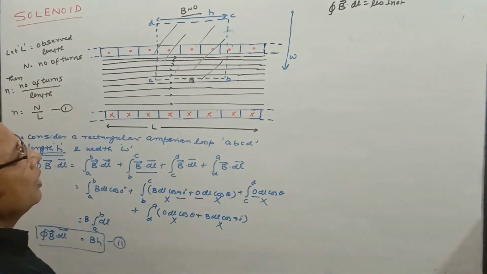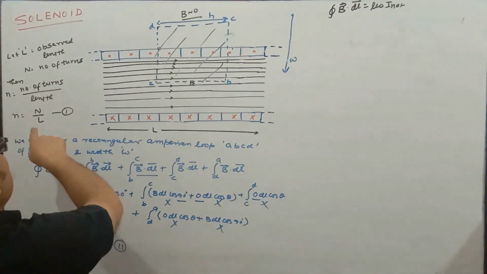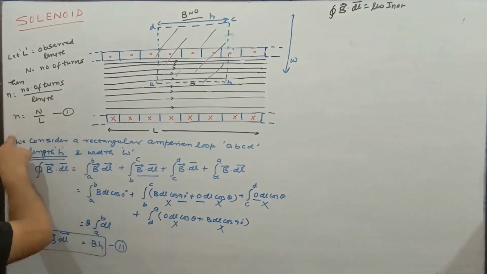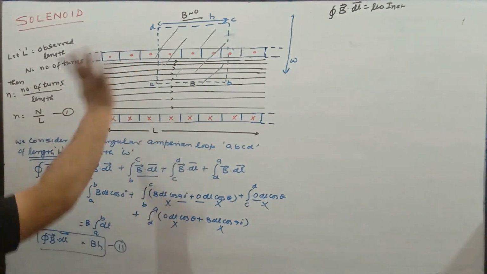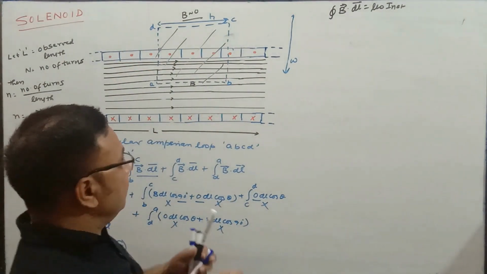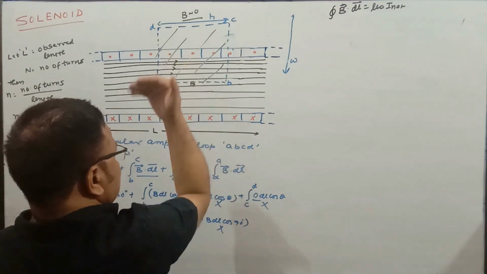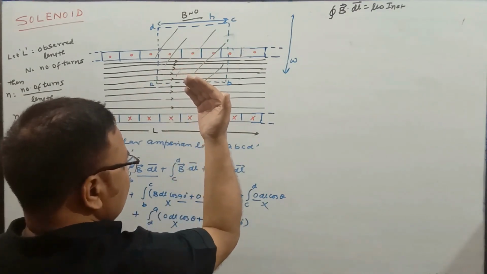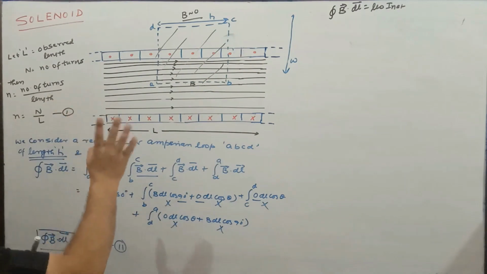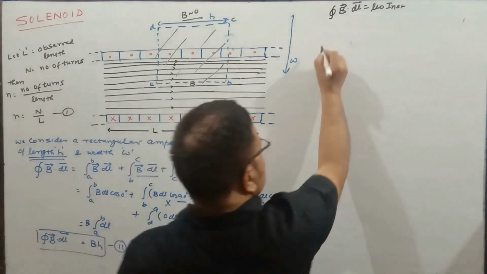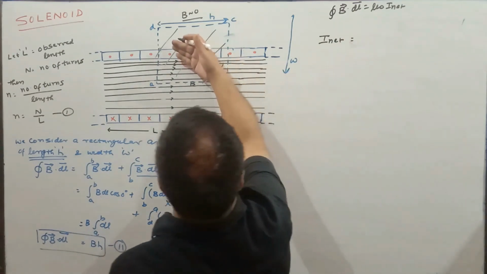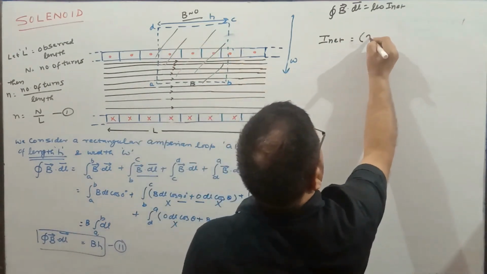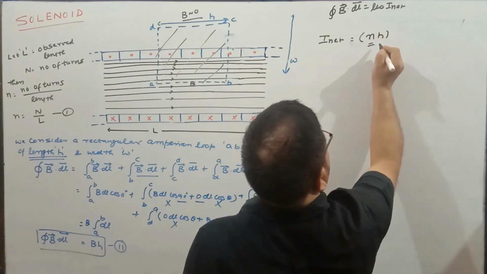How are we going to find the number of turns? We know that for unit length, the number of turns is small n. So for h length, the number of turns is small n into h. So the total number of wires coming out from here is small n into h. So I net is equal to the number of turns that come out, that is small n into h. Why small n into h?